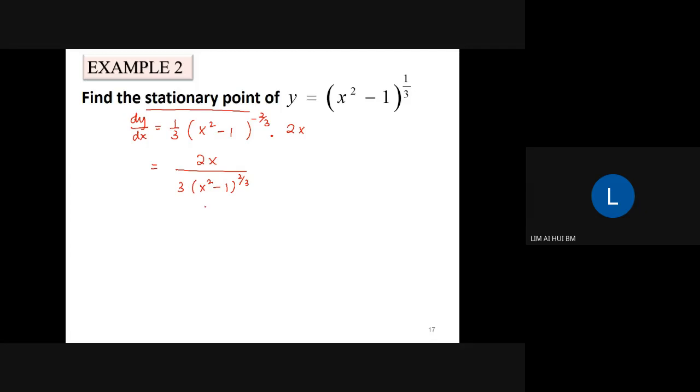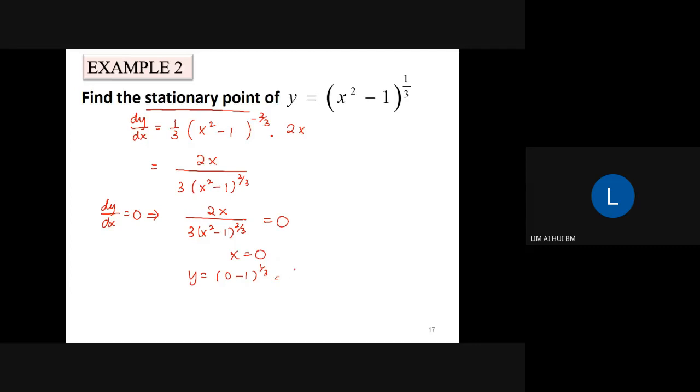Okay, to get a stationary point, kita akan let dy dx equals to 0, then we solve. Dy dx sama dengan kosong. Daripada sini, kita dapat x sama dengan kosong. When x equals to 0, apakah nilai y kita? Y is 0 minus 1 to the power of 1 over 3.